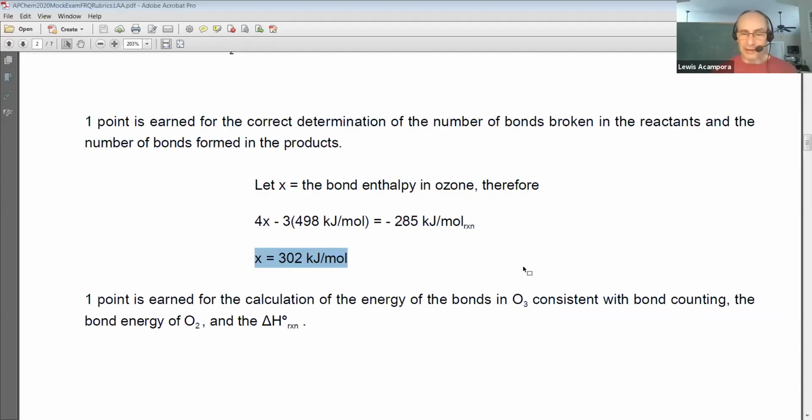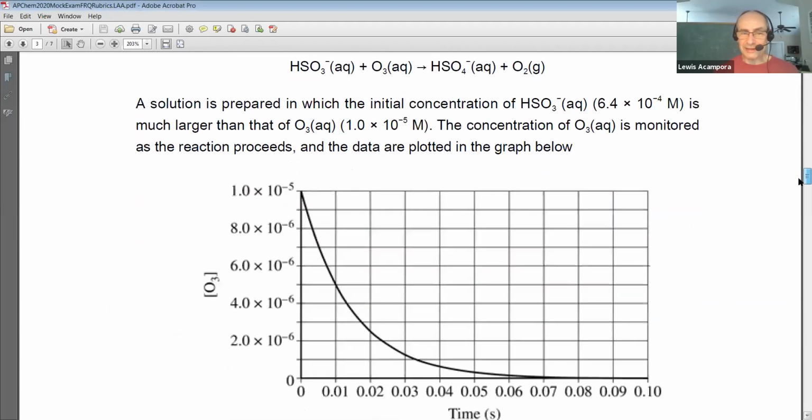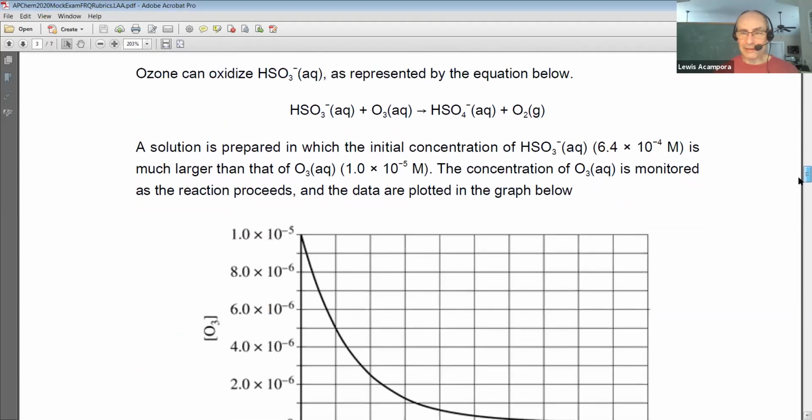This was the hardest part, I think, of the mock exam, in that it involved kinetics, and that's one of those 3 topics that I think are going to be assessed punch above their weight class on this year's exam, because you're not going to see any questions on electrochemistry or acids and bases, and equilibrium and buffers. So I think you're going to expect to see thermochemistry, kinetics, and equilibrium show up quite a bit.